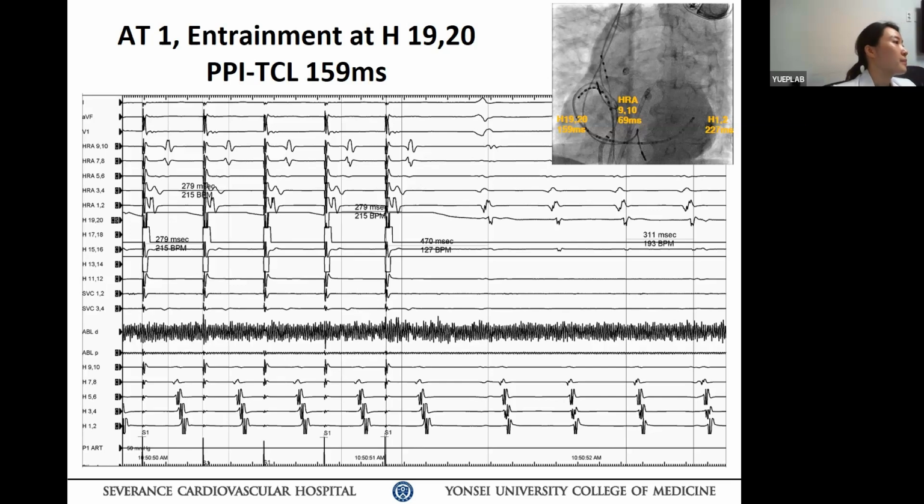If it is macroreentry, the 3D map is very useful, right? I had an argument with Dr. Hiroshi Nakagawa during a live case. He insists that we don't need entrainment pacing anymore because 3D mapping is very beautiful and gives us a lot of information, and sometimes we saw the entrainment pacing change the sequence or sometimes terminate the tachycardia.